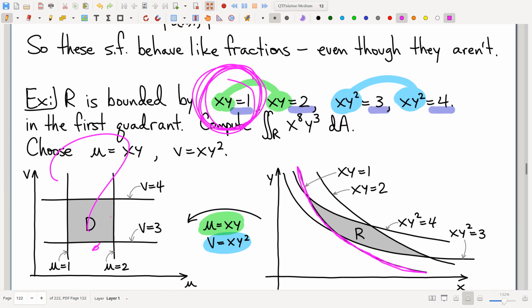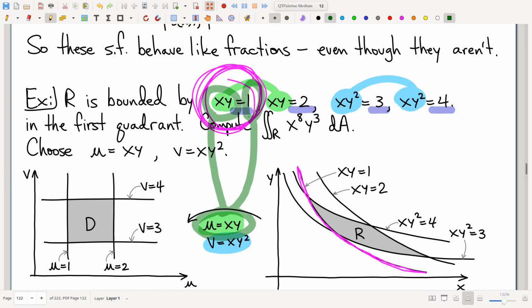It's actually very easy to argue this because, wait a minute, the curve is xy equals 1, but xy is u. So when I say xy equals 1, in the language of u's and v's, that translates very simply as u equals 1. And so that curve turns into a straight line, and even better, a perfectly vertical straight line.